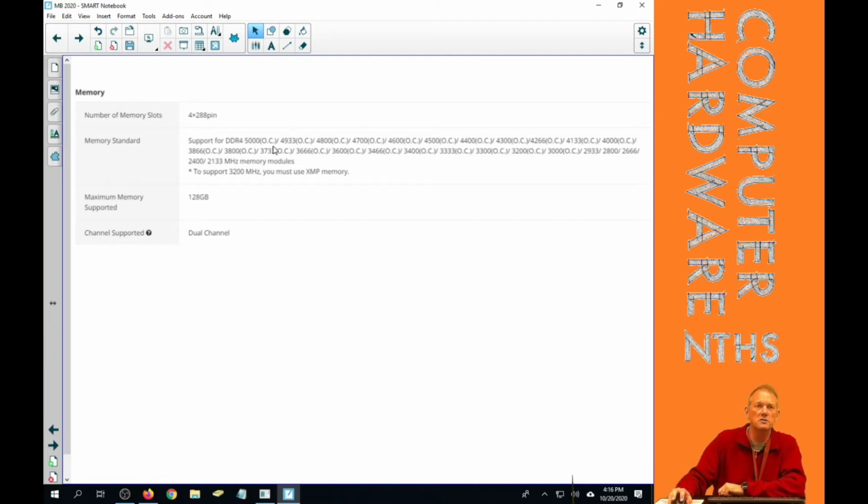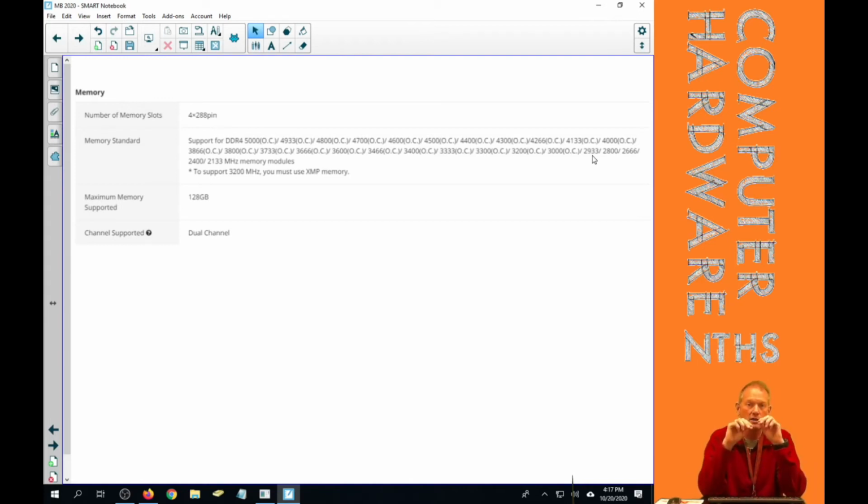So all of these speeds that have OCs next to them are all overclocked. So it takes DDR4 5000 overclocked, 4933 overclocked, 4800 overclocked. And you see it goes down until we get all the way down here to 2933, and it no longer has that OC behind it. That means that is the fastest non-overclock speed. That is the native speed of this motherboard.